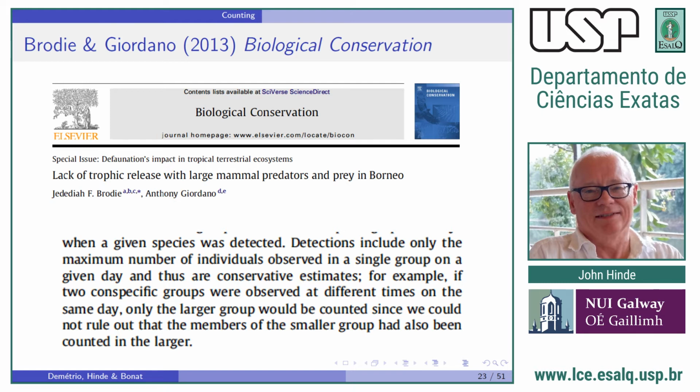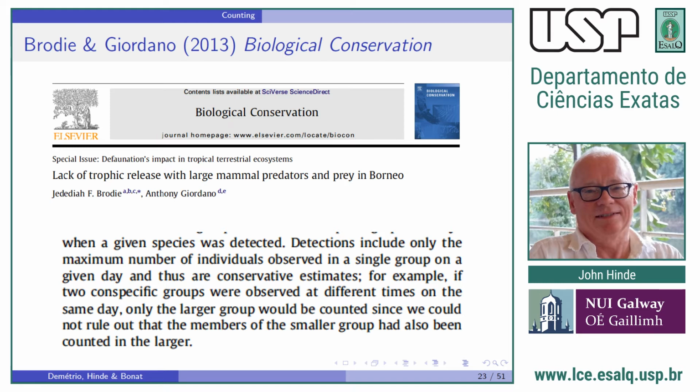And detections or counts only include the maximum number of individuals observed in a single group on a given day. So they recognize they count them, but if they count 13, there must have been 13 there. So one occasion they may only have counted 10, but if they counted 13, there must have been 13 there. So they're going to record the maximum.